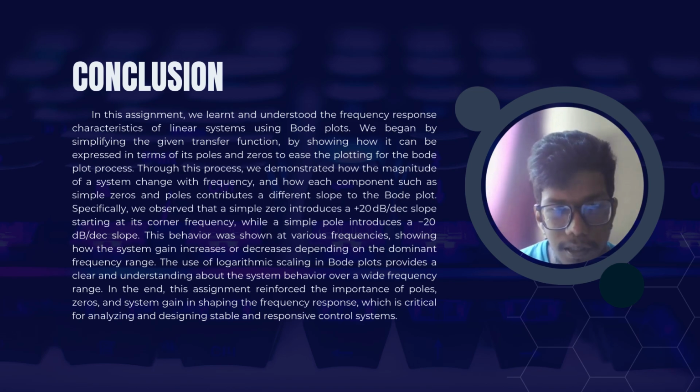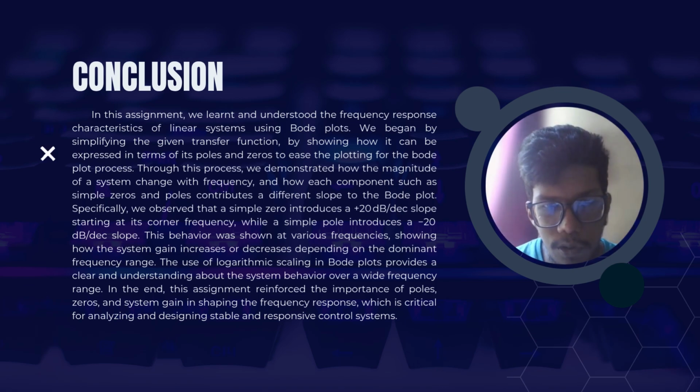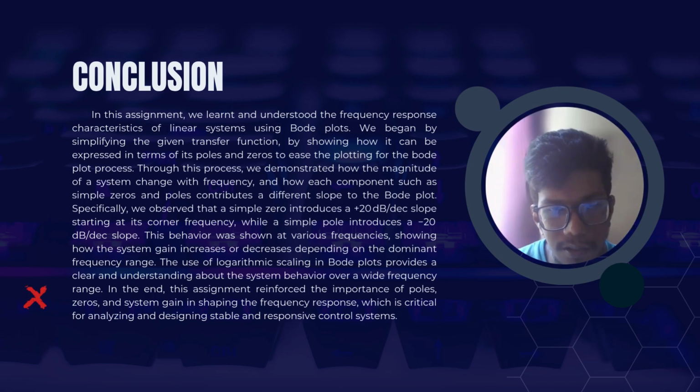Throughout this process, we demonstrated how the magnitude of a system changes with frequency and how each component, such as simple zeros and poles, contributes a different slope to the Bode plot. Specifically, we observed that a simple zero introduces a positive 20 dB per decade slope starting at its corner frequency, while a simple pole introduces a negative 20 dB per decade slope.